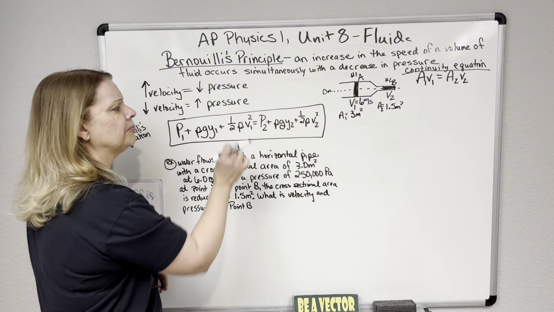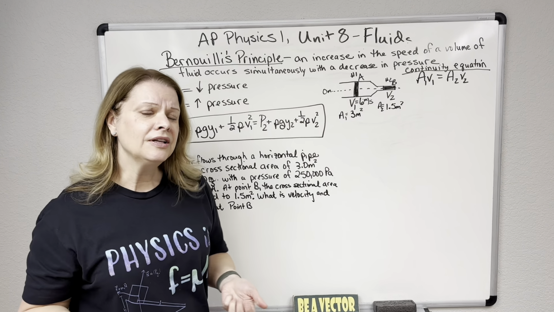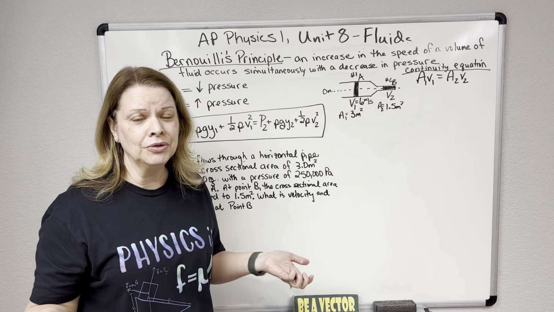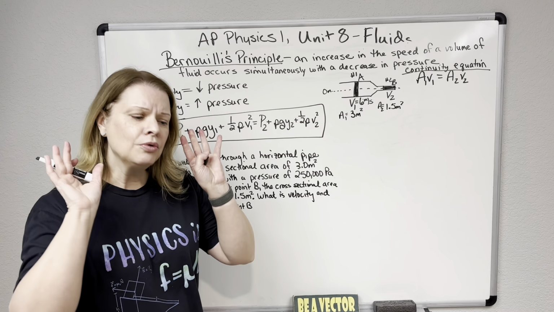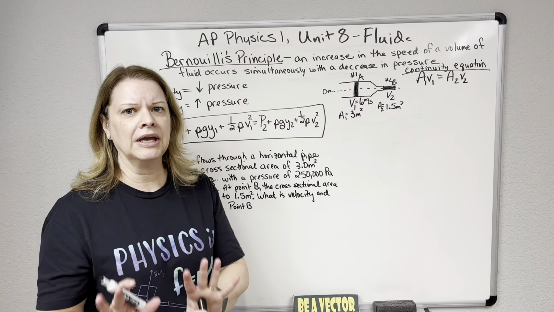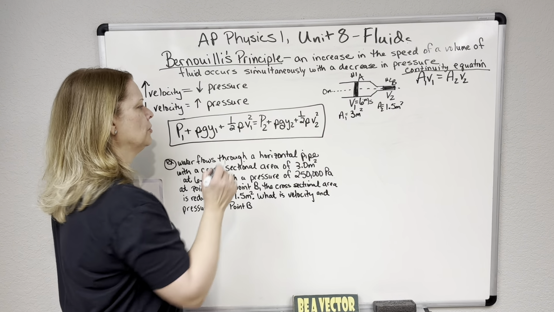But all Bernoulli's principle is really conservation of mechanical energy with moving fluids in a pipe. That's really all it is. And you have mastered that conservation of mechanical energy, so don't let this formula scare you.